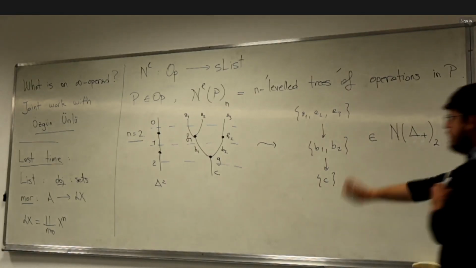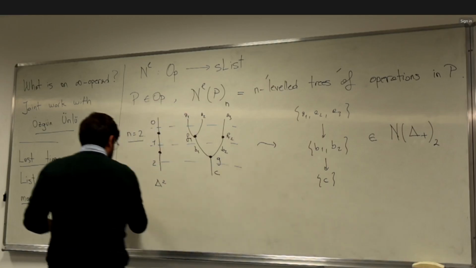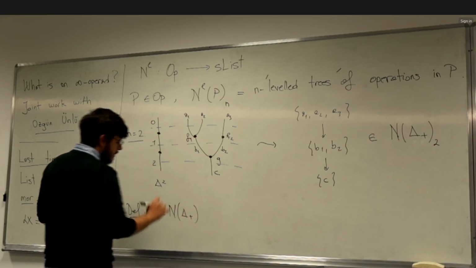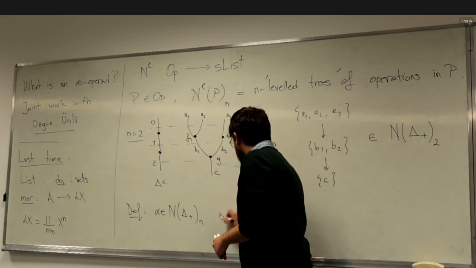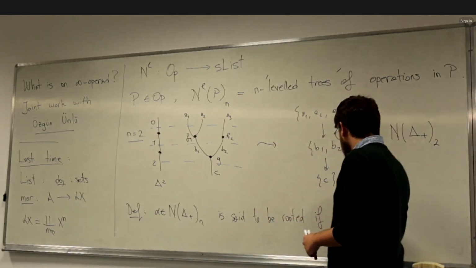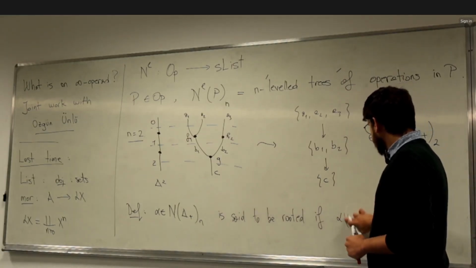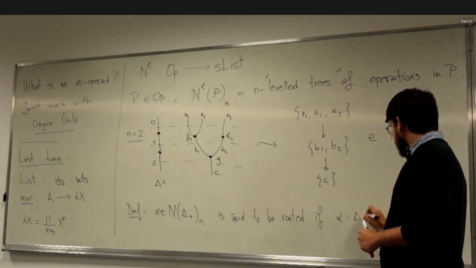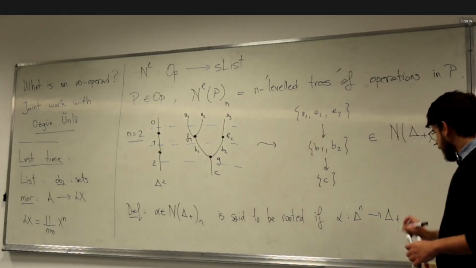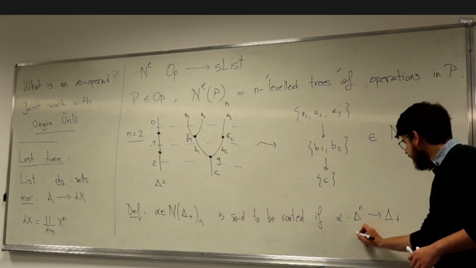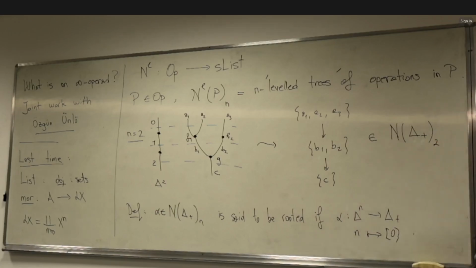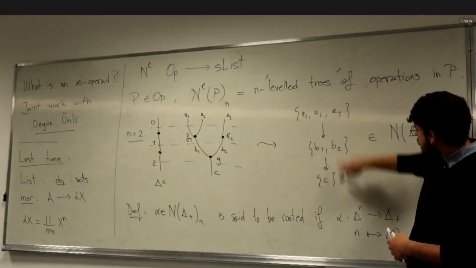Let me write a quick definition. A simplex here is said to be rooted if, given this representation, the last vertex goes to a unique point, which means the very last set has to be a singleton.